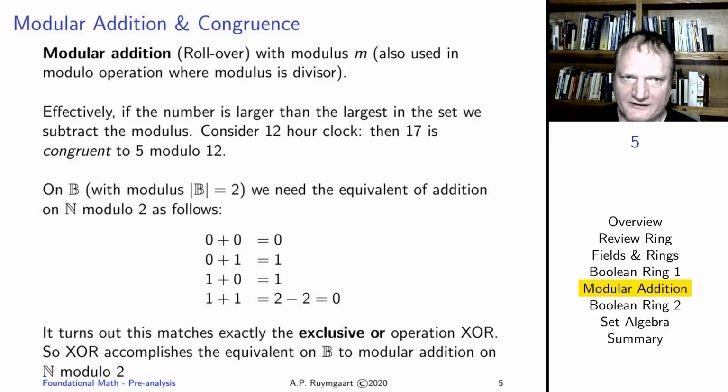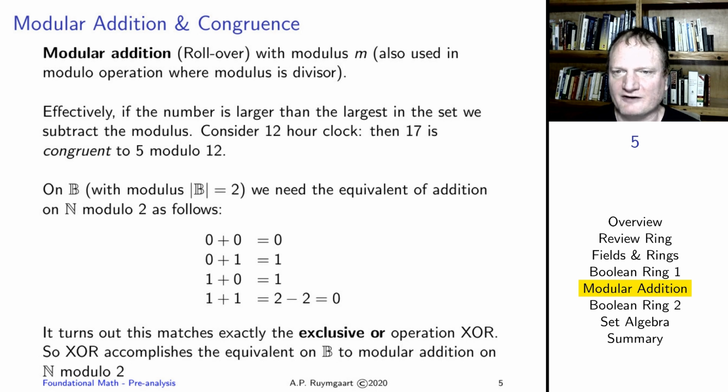So we'll define a new type of addition here called modular addition, also called rollover or wraparound addition. Effectively, if the result of our addition operation is equal to or larger than the modulus, then we subtract a multiple of the modulus. A good example is the 12-hour clock. The number 17 is what we call congruent to the number 5 modulo 12.